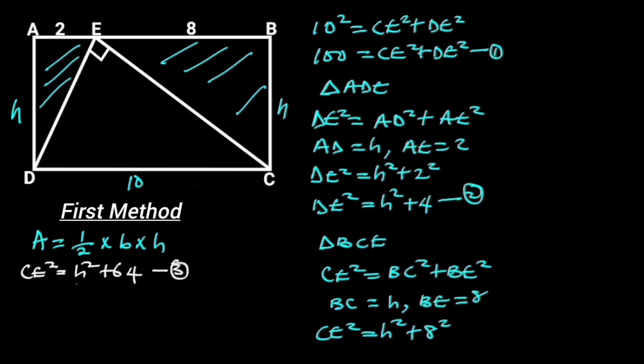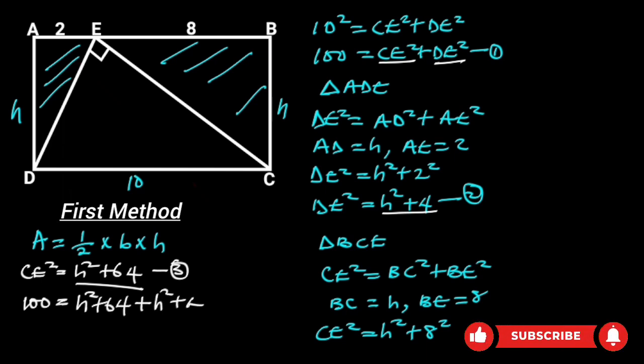Next, we are going to substitute CE squared with h squared plus 64 and DE squared with h squared plus 4 in equation 1. Doing so will give us 100 is equal to h squared plus 64 plus h squared plus 4.